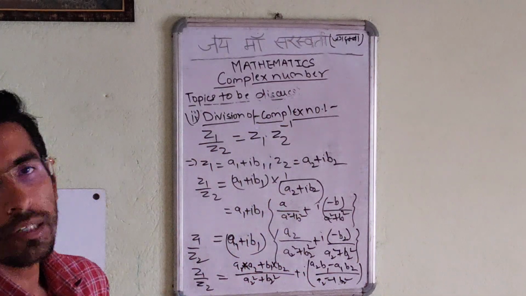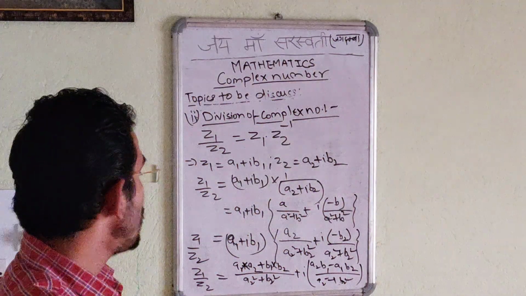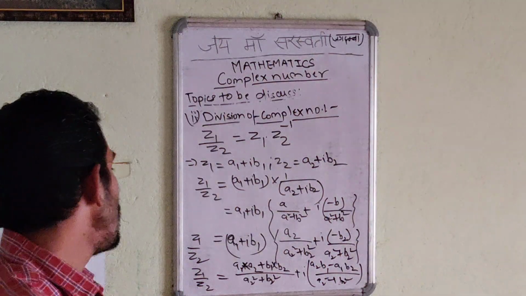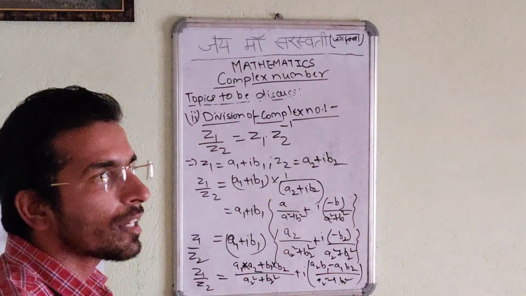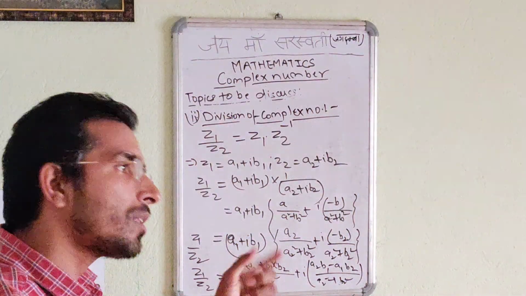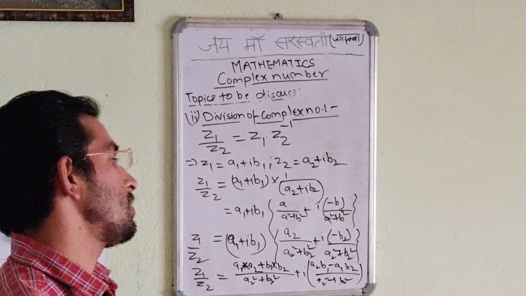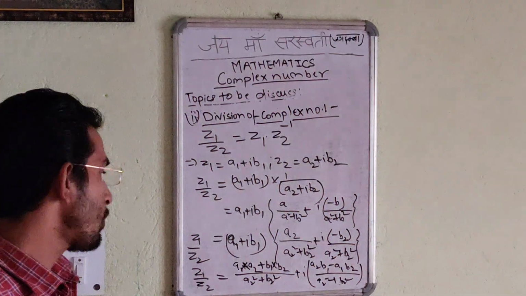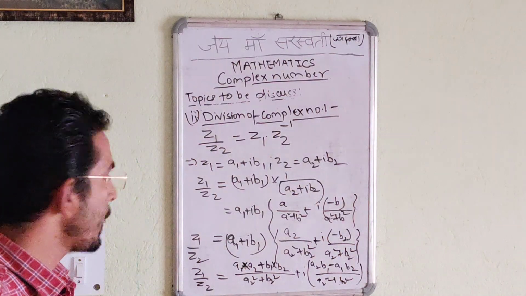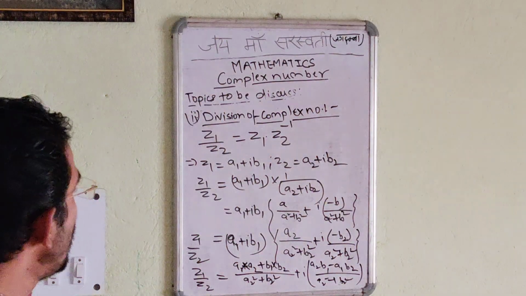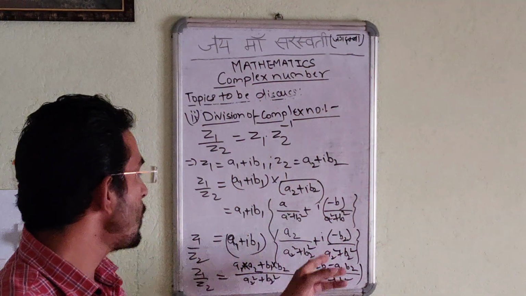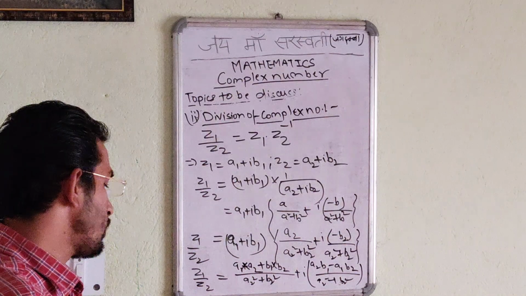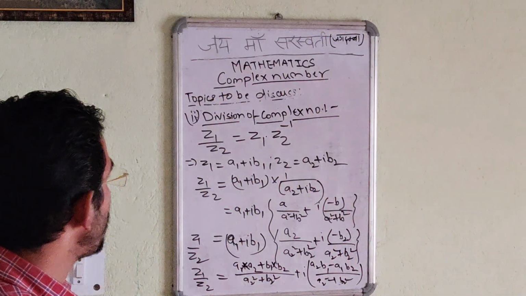So finally we got the output as the division of the two complex numbers, where we multiply the particular complex number with the other complex number's inverse. So this is basically the division of complex numbers.